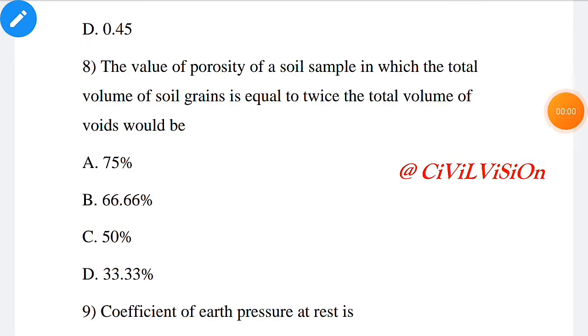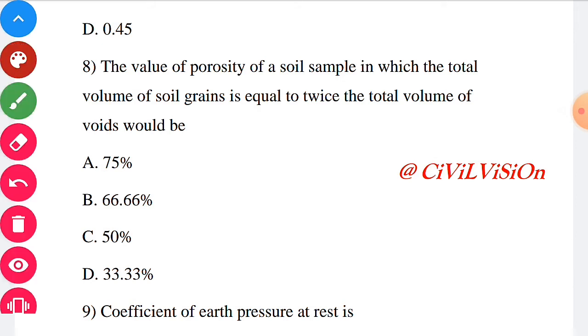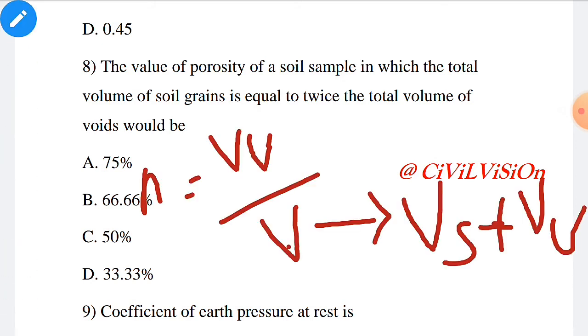Next one. Eighth one. The value of porosity of a soil sample in which the total volume of soil grains is equal to twice the total volume of voids. Therefore, volume of solids is equal to 2 times the volume of voids. We know the formula for porosity, N equals volume of voids divided by total volume. Total volume can be written as volume of solids plus volume of voids.